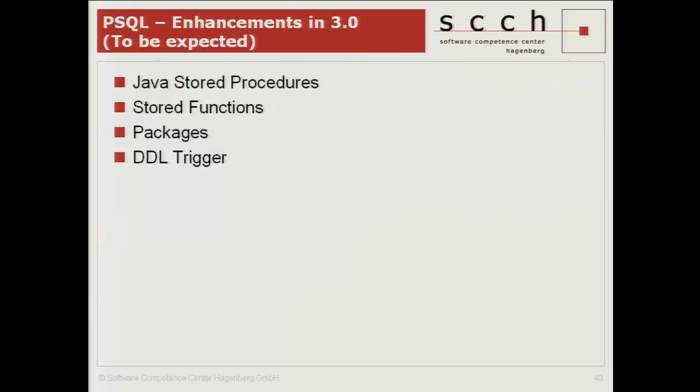I think Vlad told them already that the four bullets you see here are already committed to head. So what we can expect in Firebird 3.0 is Java stored procedures. So you can write Java code and use that as a regular stored procedure.